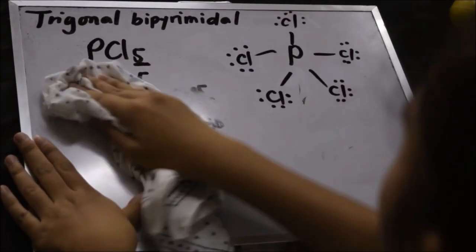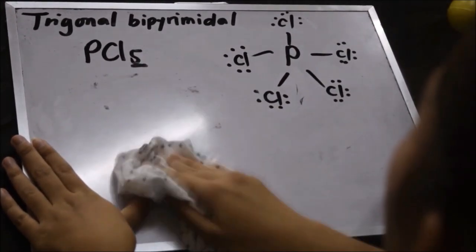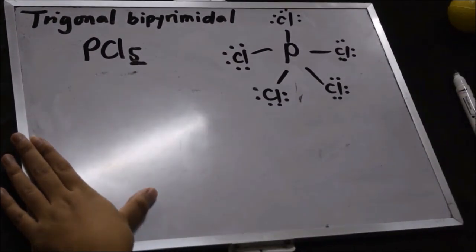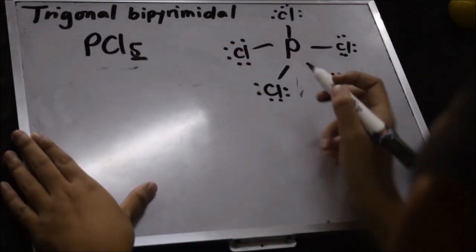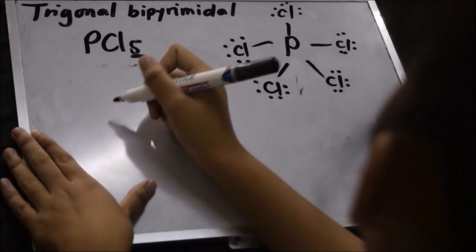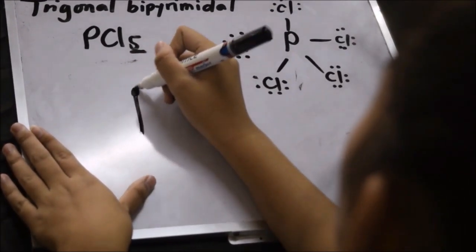Now let us draw the molecular geometry, wherein this angle shows a 90 degrees angle in the trigonal bipyramidal. So, here we go.